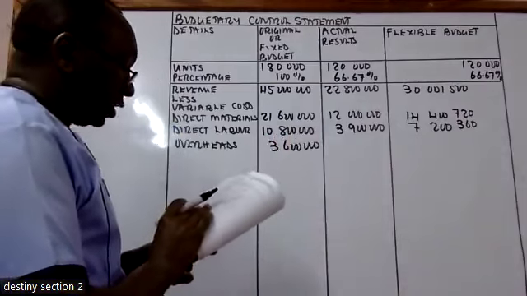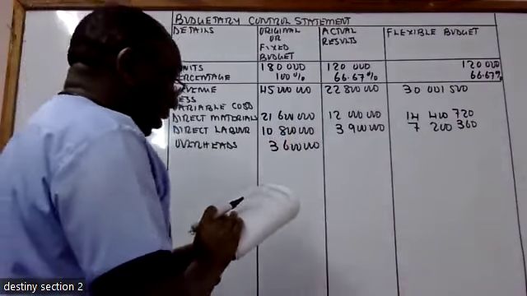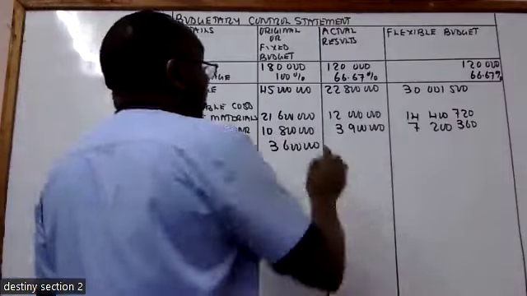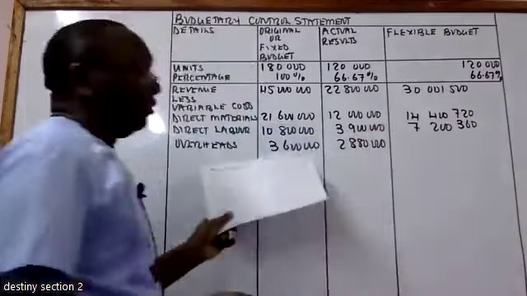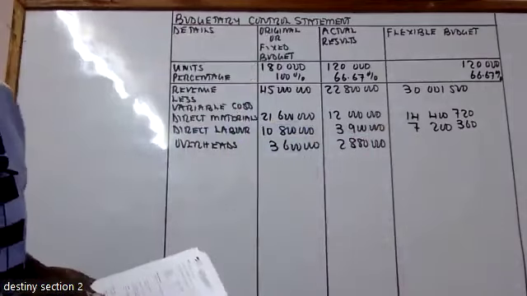Going to the actual results, you get 2,880,000. So give me 66%.